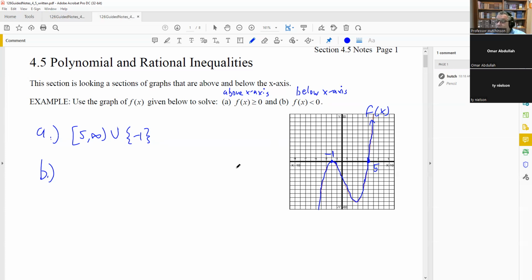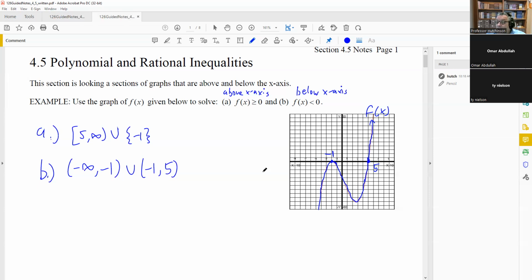So I have to break this up into two different intervals. I have to go from -infinity to -1, and then from -1 to 5. I have to break it up at the -1 because -1 was included up above where it's greater than or equal to 0. That's why I'm not including it down below here.